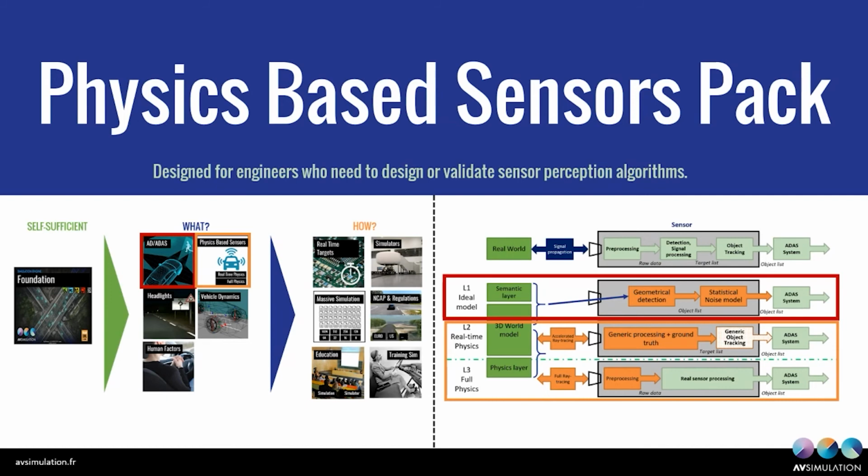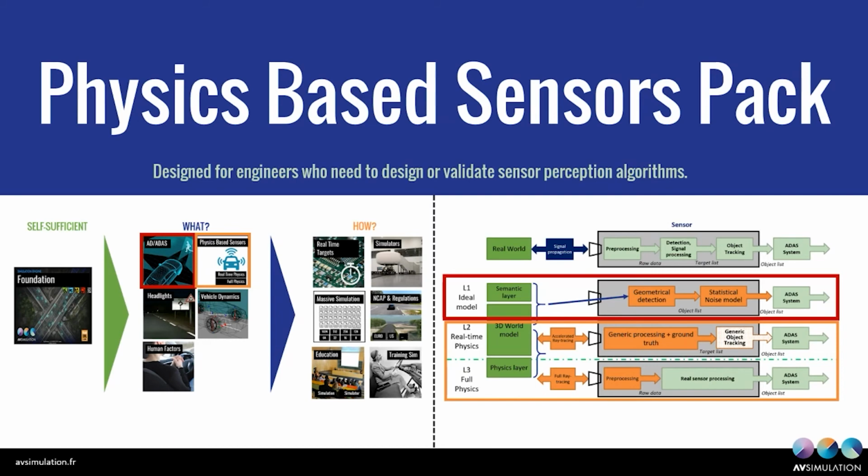I've got another one. Is it possible to use different sensors at different levels in the same simulation? Yes, that's definitely possible. For example, if you want to have a radar at level 2 and a radar at level 1, you can mix these two sensors in the same simulation.